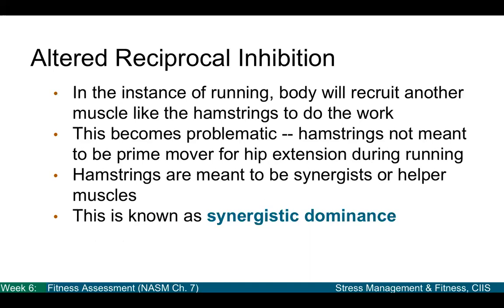Remember we talked about this term, helper muscles or synergistic muscles or synergists. So in this example of running, it's the hamstrings that are the synergists, okay? So when this happens, repeated altered reciprocal inhibition leads to synergistic dominance.